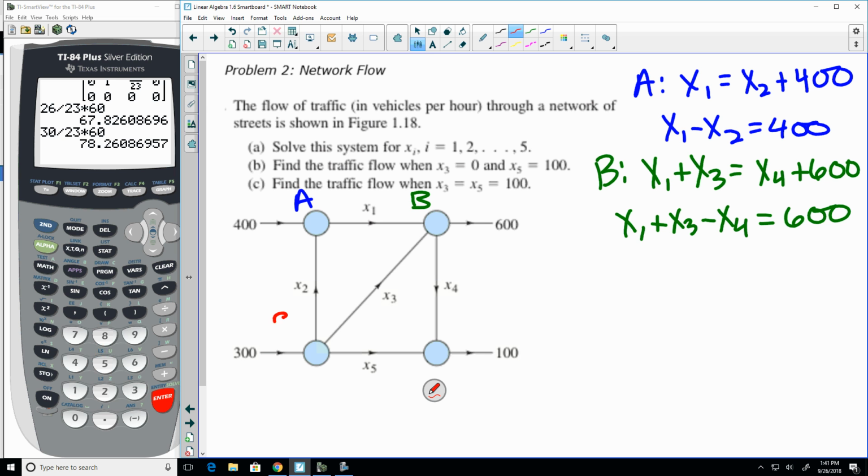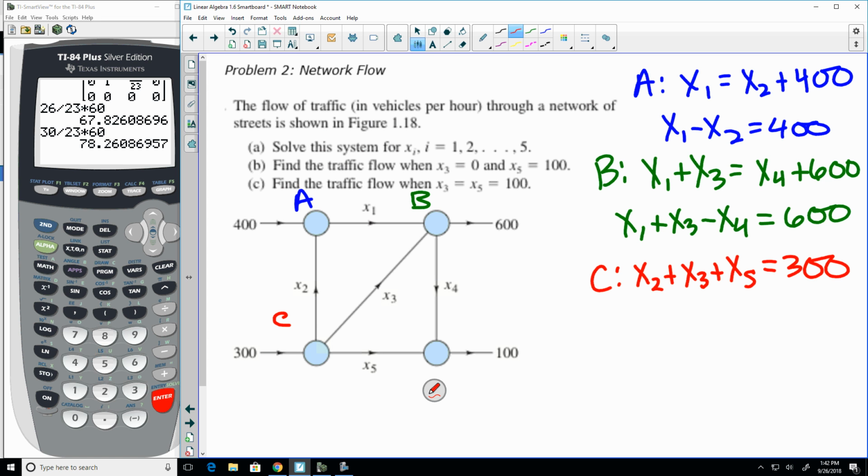Let's call this one C. It looks like x2 plus x3 plus x5 equals 300. That one's already set up the way we want it, based on the way the arrows are pointing. Does it matter which order we're doing this in?